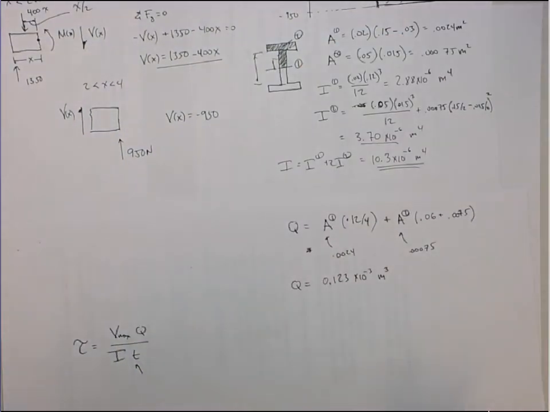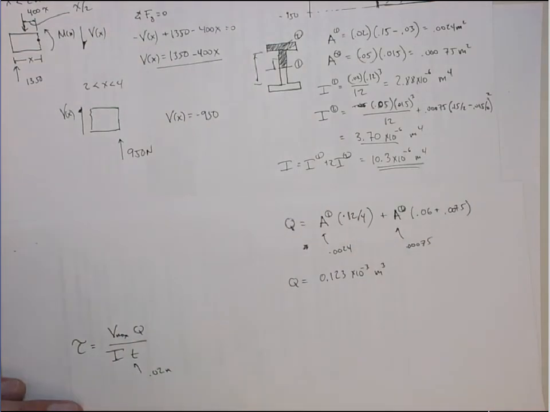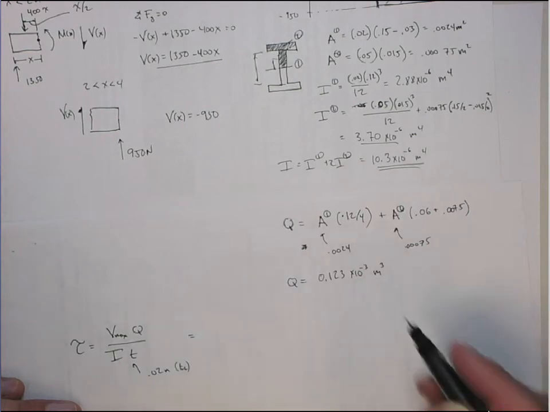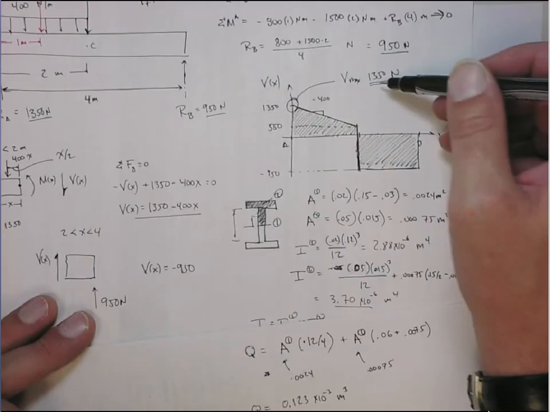That's going to be 0.5, right? No, what am I talking about? That's from another problem. It's the 20 millimeters. This is 0.02 meters, right? That's the T2. So this now becomes the maximum V we got, 1350.